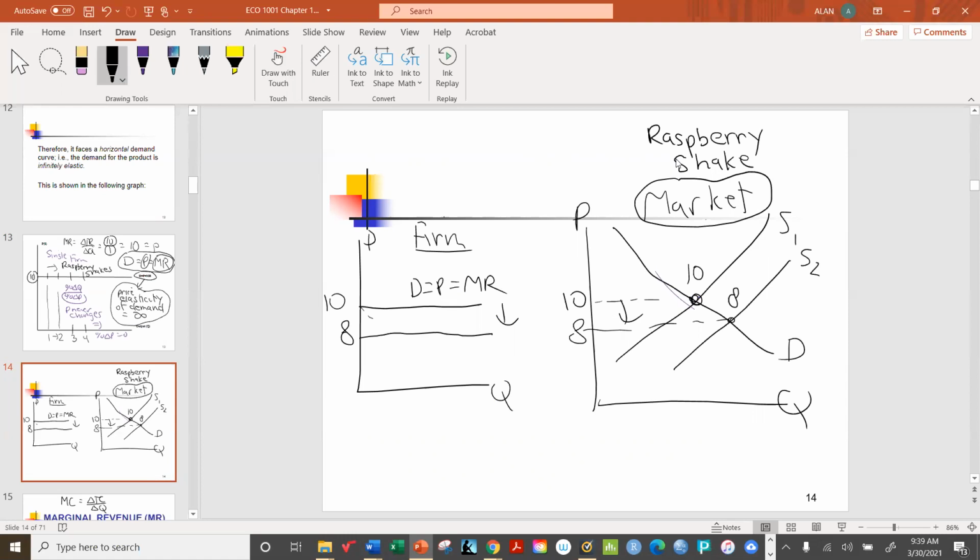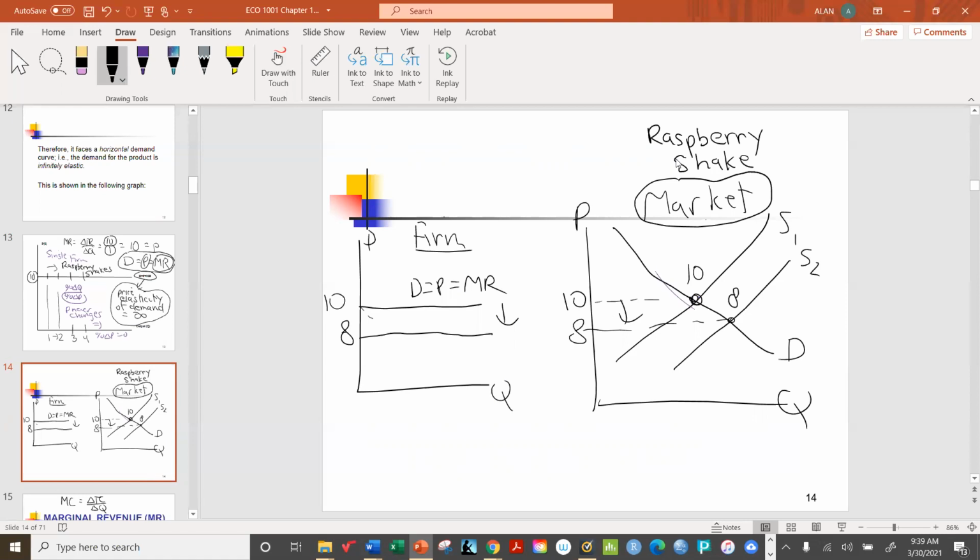So the shakes themselves have competition from other types of drinks. So remember what it means to have a downward sloping demand curve. In order to sell more of this product, we have to lower the price. That's why it's downward sloping. But again, this is with respect to every other product in the market that is competing with raspberry shakes.